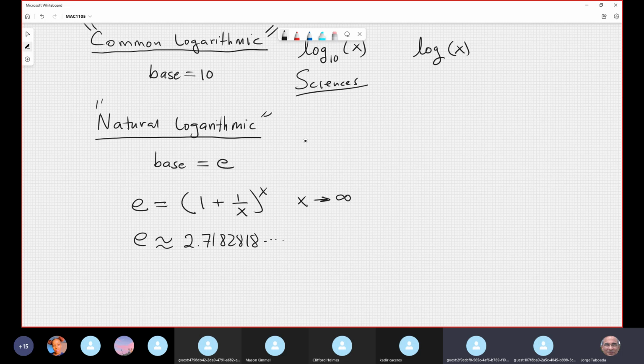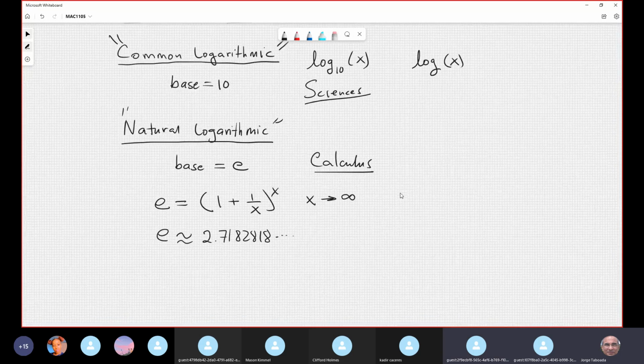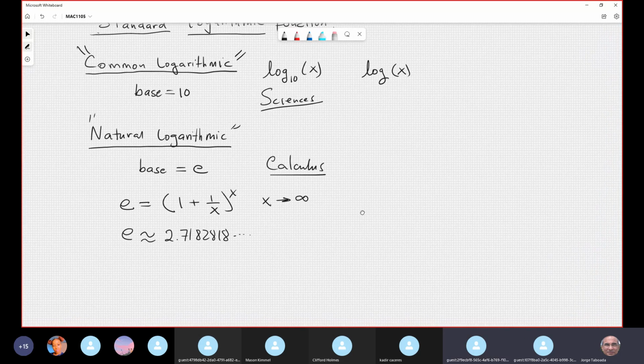This is used in calculus. The logarithm that we use frequently in calculus, because it has a huge advantage, is the natural one.